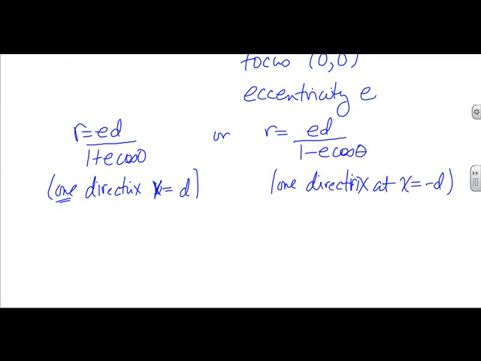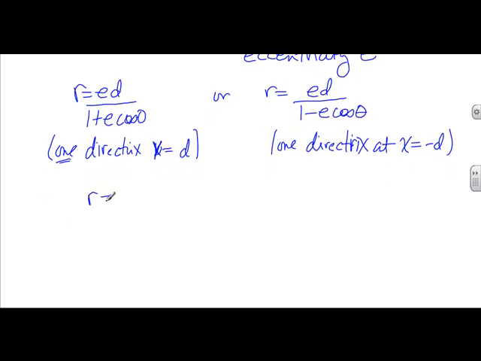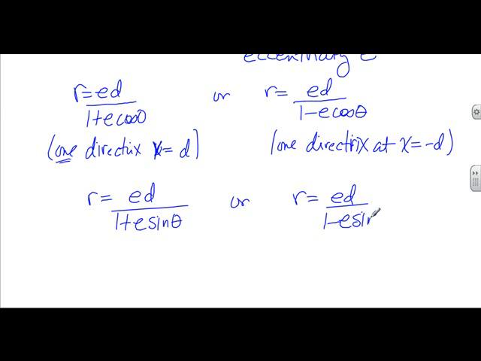The other option is you can have a conic section with polar equation ED over 1 plus E sine of theta, or r is equal to ED over 1 minus E sine theta. If that's the case, then you're going to have a conic section that's vertical. The foci are on a vertical axis.